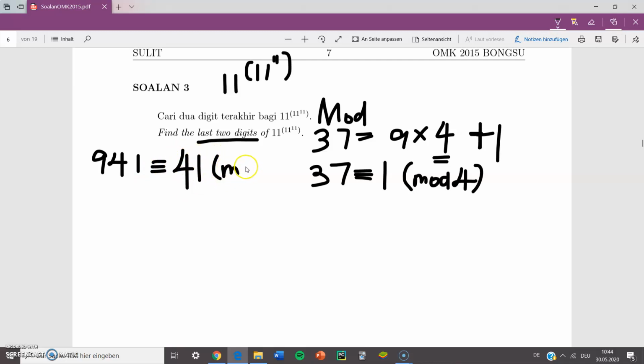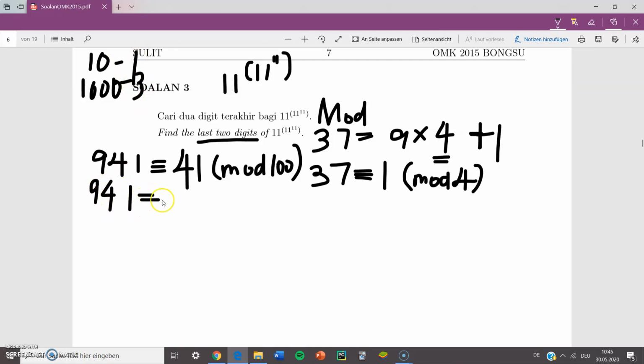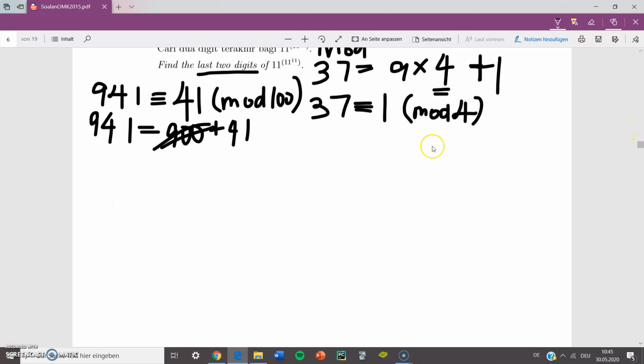We will be using mod 100 for problems involving the last two digits, mod 10 for the last digit, mod 1000 for the last three digits, and so on. Because 941 is 900, which is itself a multiple of 100, plus 41, so we can eliminate the 900. So what we want is the last two digits of 11^(11^11).